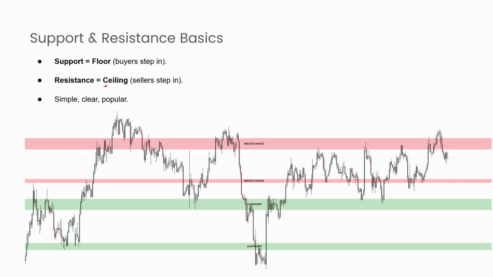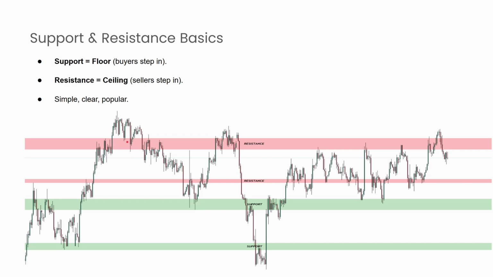It will act as a ceiling, whereby once price is going to bounce from this floor to that ceiling, it is going to be rejected and bounce off to the floor again before it gets bounced back up to another ceiling. So that is how the support and resistance forms on the chart.